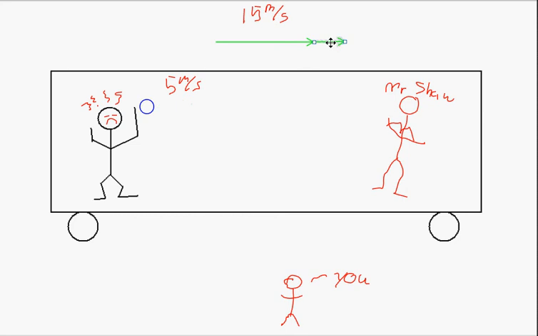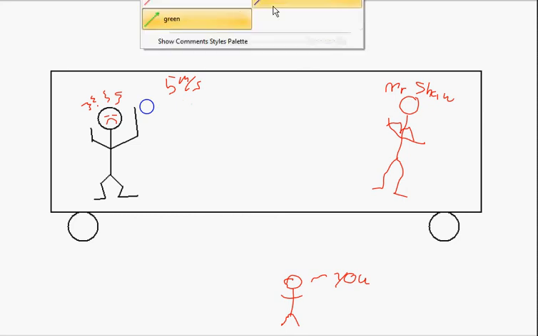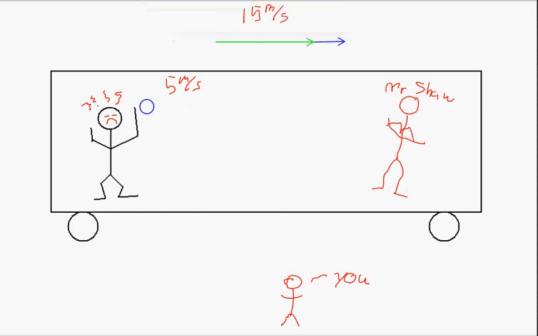We add vectors together head to tail, and you standing outside the train will actually see the resultant of these two vectors. So you will see a ball moving to the right at 20 meters per second. So once again, the train is moving 15, the ball is moving 5.